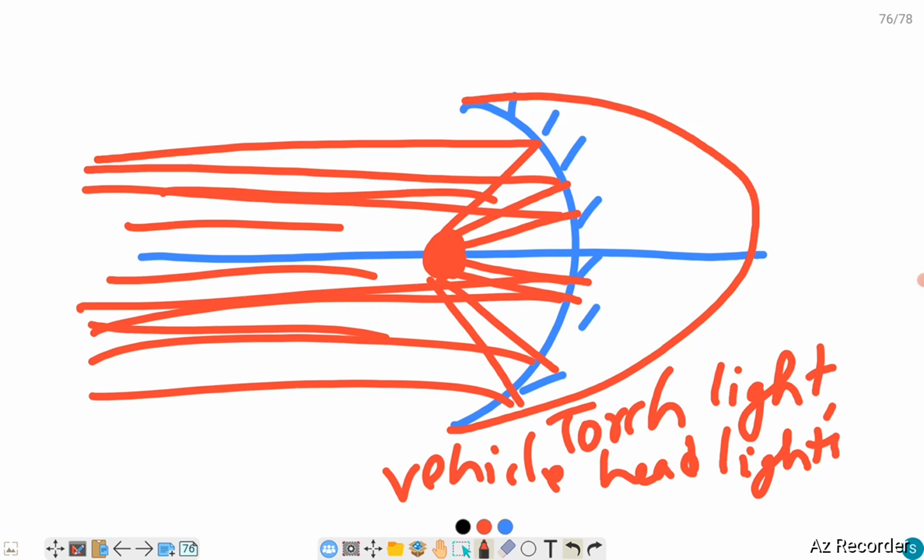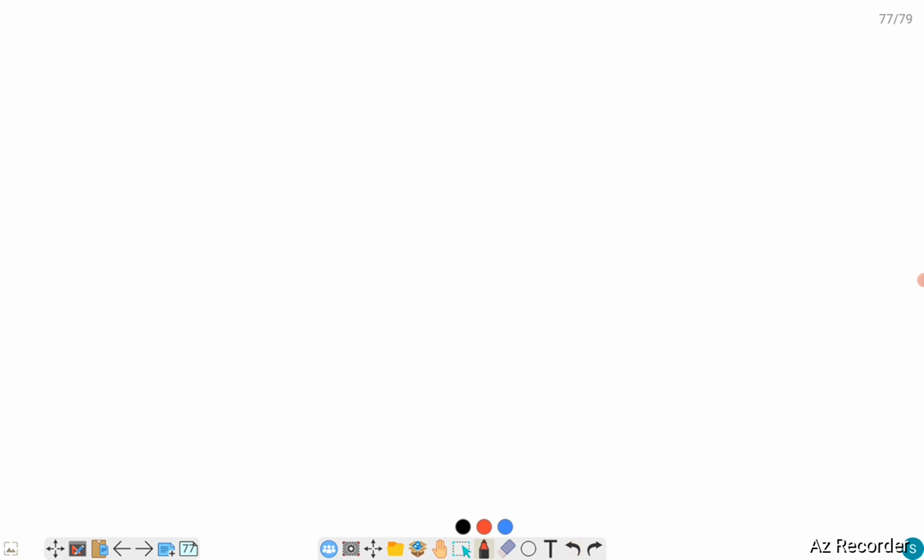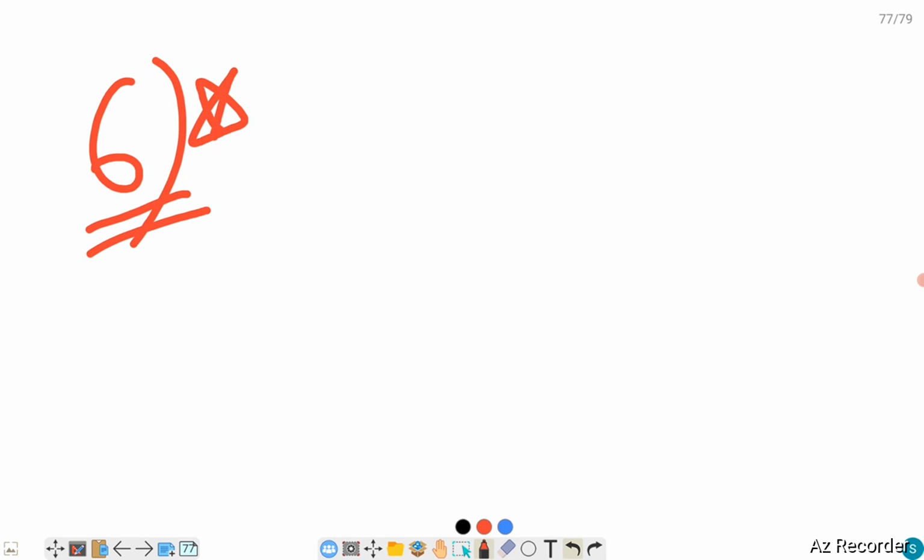Understood? So this is the application when you place the object at focus. It gives the parallel beam of light. Then we will see the last one, which is very important: the sixth case. The comparison with the fourth case is also very important.